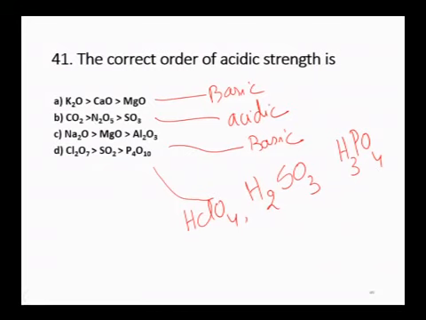Among these, perchloric acid is stronger than sulfurous acid, which is stronger than orthophosphoric acid. So the acidic strength is in the same order. So the suitable answer is Cl2O7 greater than, that is nothing but perchloric acid, sulfurous acid and phosphoric acid. So the correct order is D. They are acidic in nature.